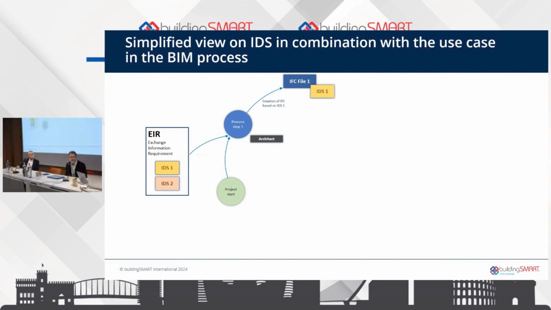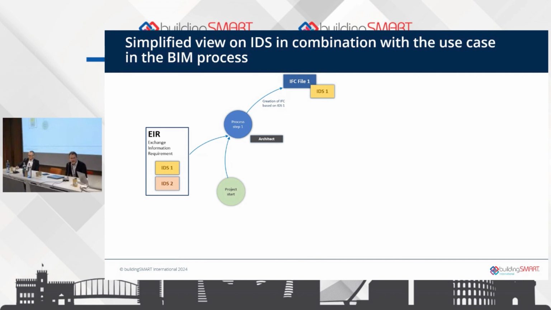And then, for example, if an architect creates a first IFC file based on this IDS, he knows, okay, I need to put in a special kind of wall or a special material and so on. So this would be in this IDS.